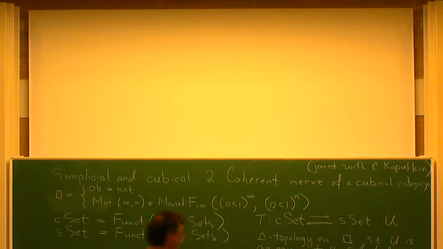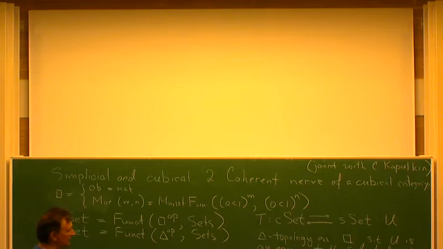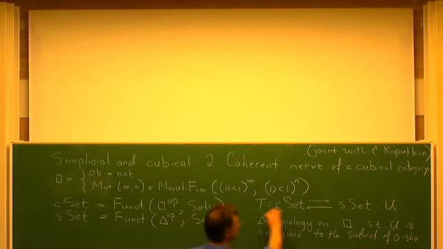So simplicial sets are sheaves in the delta topology on the category of cubes, while cubical sets are presheaves on the same category. And of course then T is the functor of associated sheaf, and we discussed various things related to it.